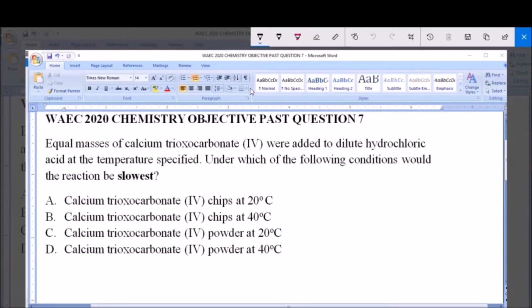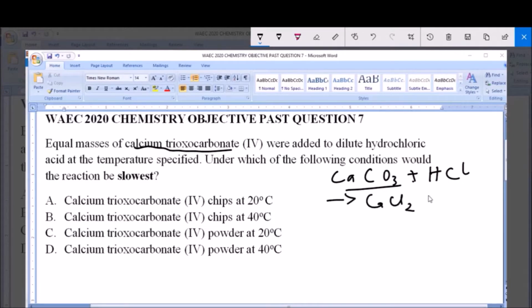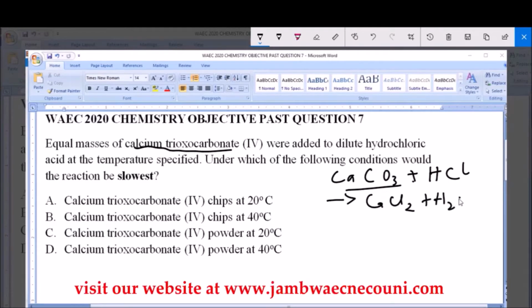So we are looking at one of the reactions of calcium trioxocarbonate 4, which has a chemical formula of CaCO3, and one of its reactions is with hydrochloric acid, HCl, to yield calcium chloride, water, and carbon dioxide.